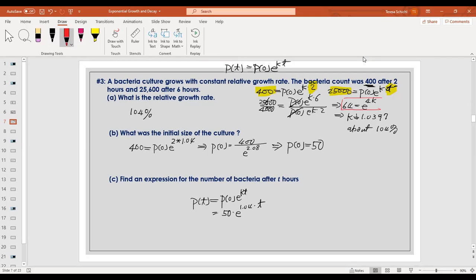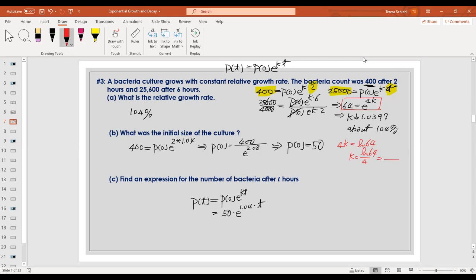The way they put it, they like to take the natural log of both sides here. So 4k is equal to the natural log of 64 here. Then k will be natural log 64 divided by 4, right?